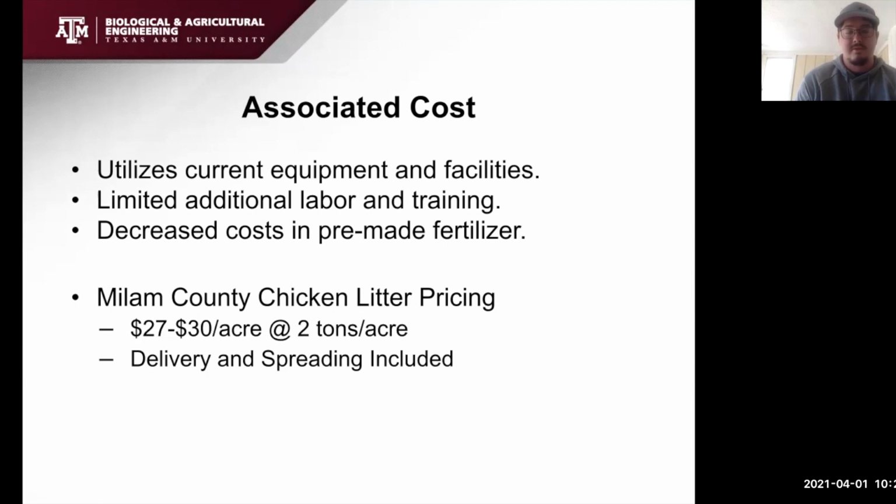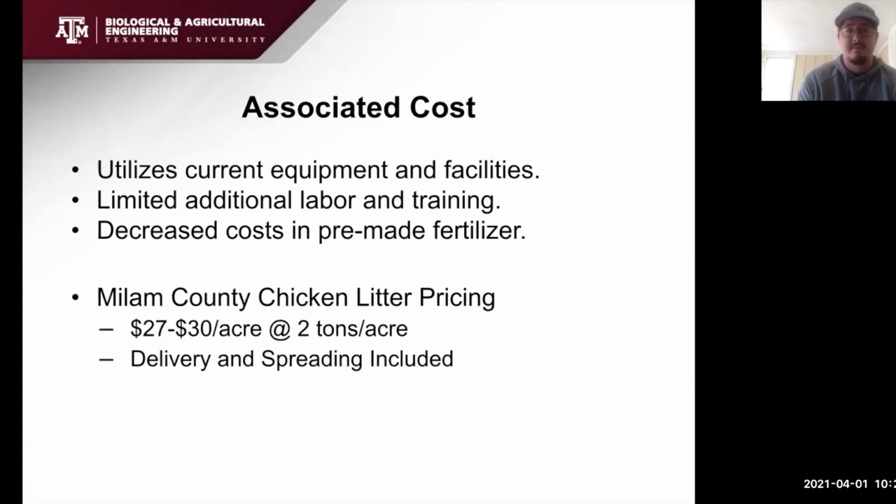It's the $3, and there are plenty of chicken houses around Milam County and in the surrounding areas. So finding the right chicken house for this service is not going to be difficult for this vineyard. And the general recommendation is you want about 2 tons per acre. As we're on 3 acres for this vineyard, it's not an incredible cost that's added.